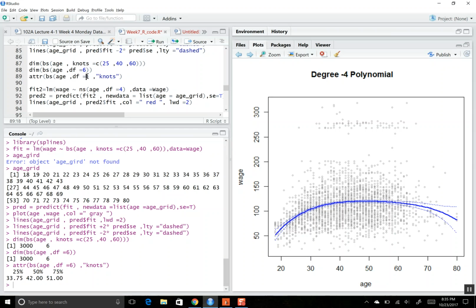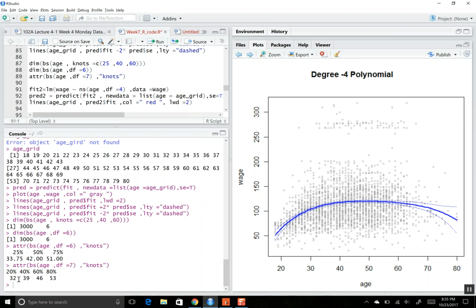If I said give me 4 locations, then it's going to split them up at 20, 40, 60, and 80, and things like that. So if you didn't want to specify the locations of the knots yourself, you can just specify the degrees of freedom of your basis spline, and it will spread out the knots evenly.